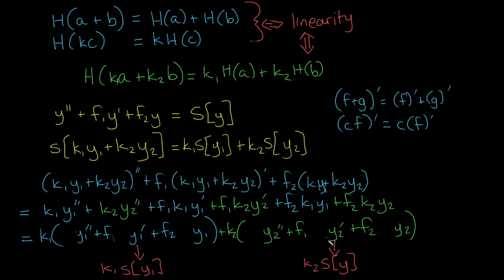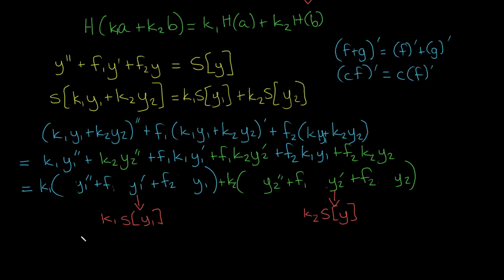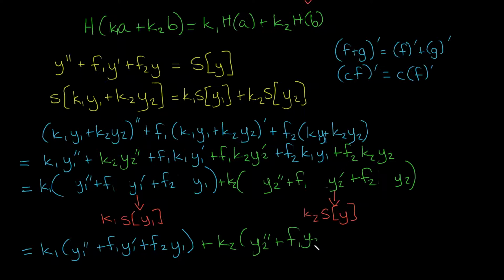And here, I guess I'll rewrite it to make it very clear, we have k1 times y1 double prime plus f1 y1 prime plus f2 y1. And here we have plus k2 times y2 double prime plus f1 y2 prime plus f2 times regular y2.